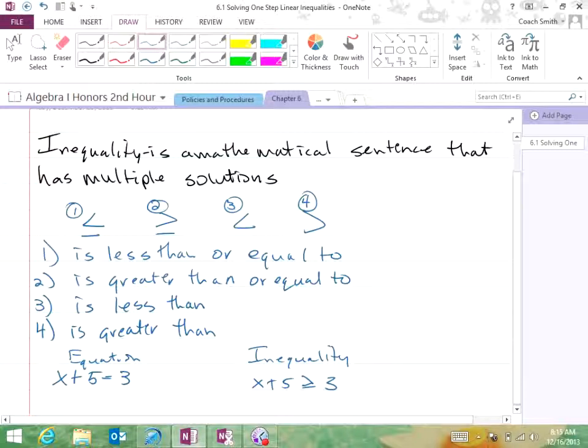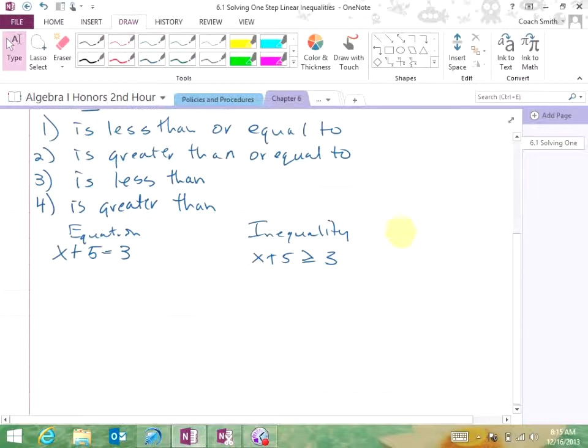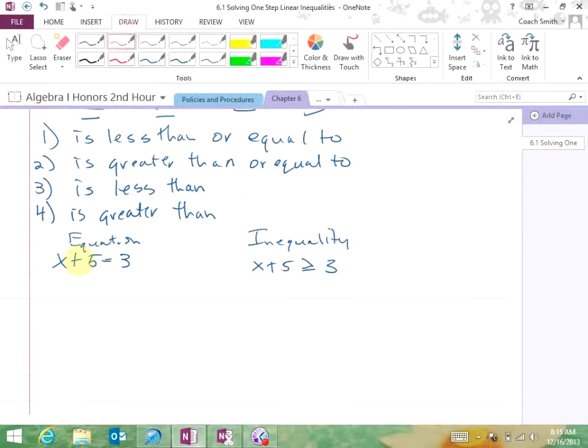That's the difference between what we did in previous chapters and what we're doing in this chapter. Obviously, when you look at the difference between equations and inequalities, in the equation x would be equal to negative 2. Here, x is greater than or equal to negative 2.